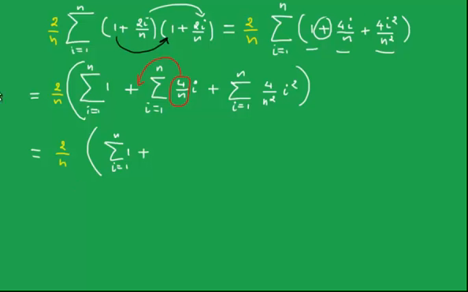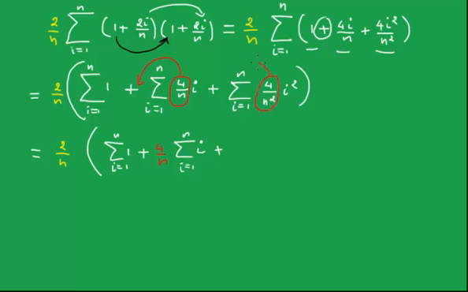So this becomes 4 over n, and then sigma i equals 1 to n of i, and plus we can do the same thing for 4 over n squared.